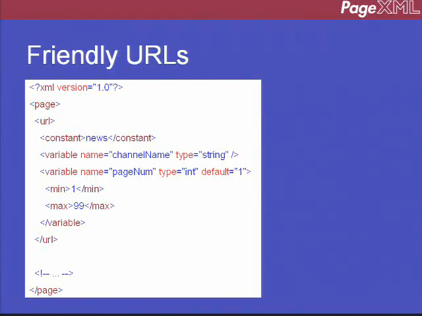So any URL that someone visits in the web browser that matches that will go to this page. And you can limit the URL. So say for example here it's an int. You can say the min value is 1 and the maximum is 99. And there's lots of other stuff you can put in there as well.